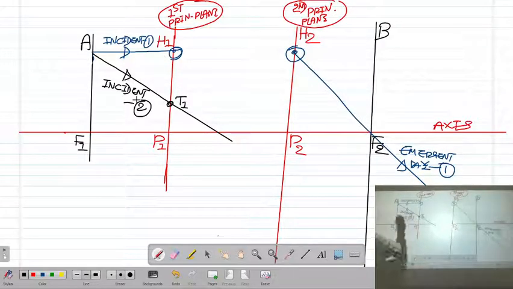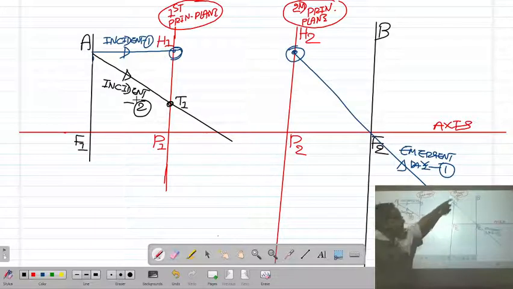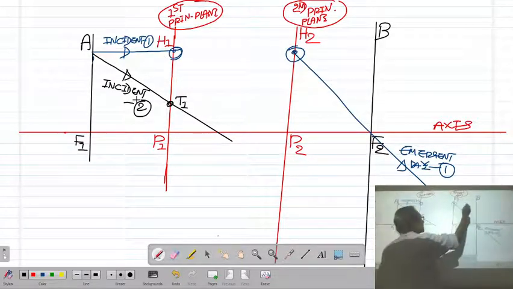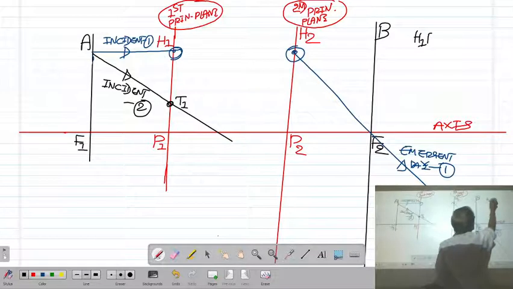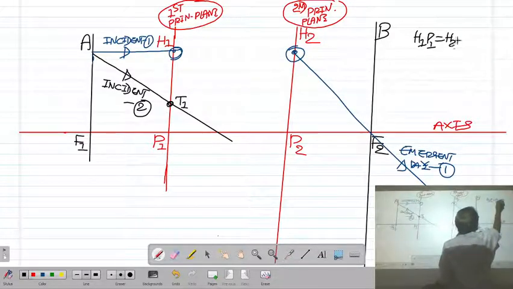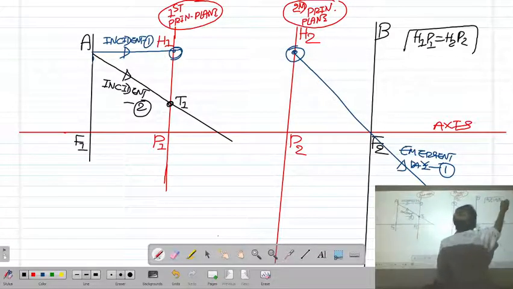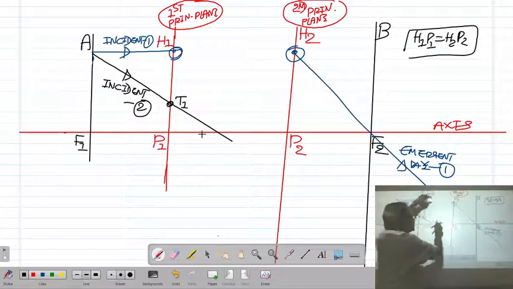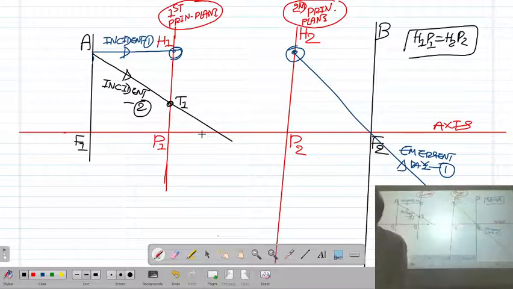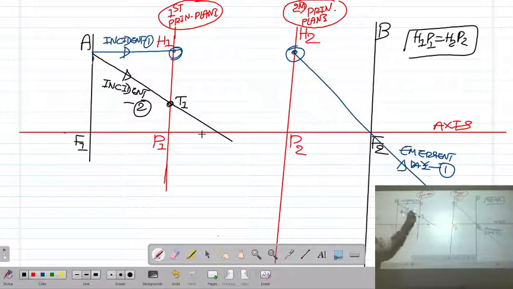Yes, in the previous case, H1P1 is equal to H2P2. Both the heights are the same, right? Okay, now let us consider another ray AT1, which is parallel to H2F2 and is incident on the first principal plane at point T1, right?